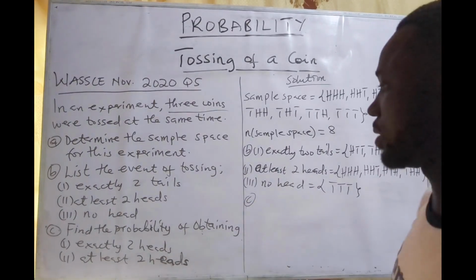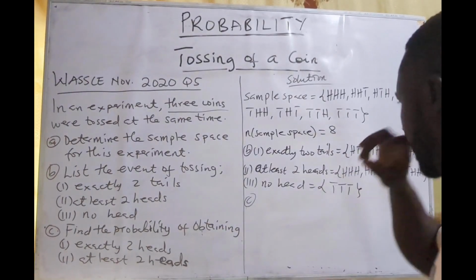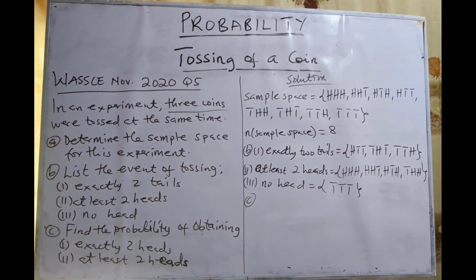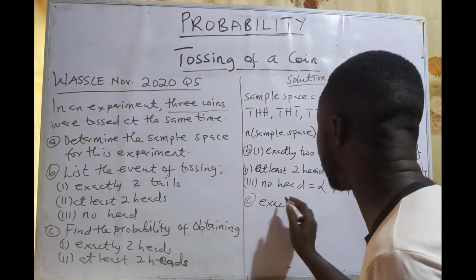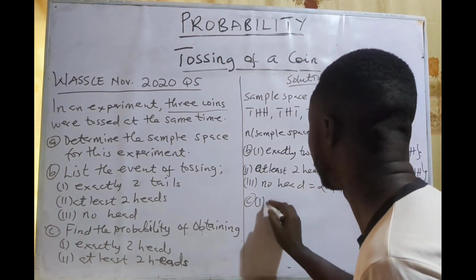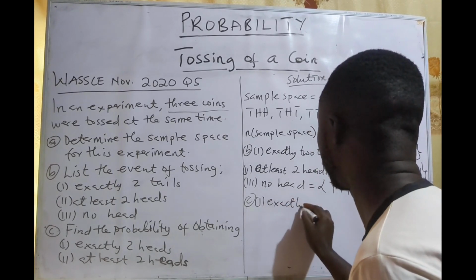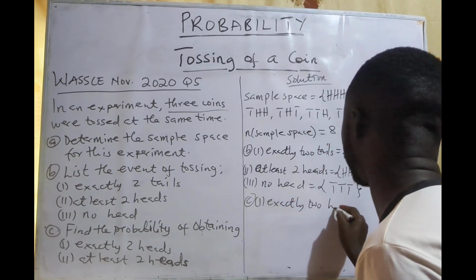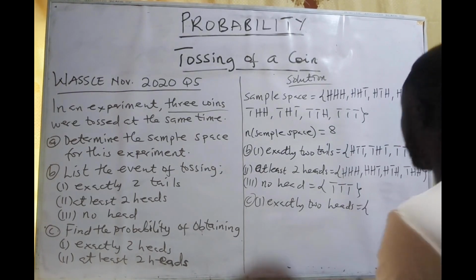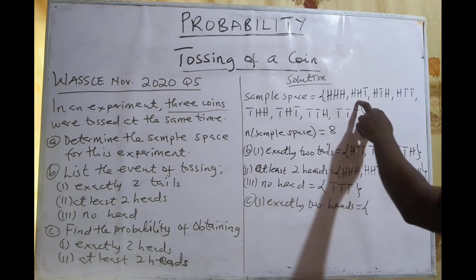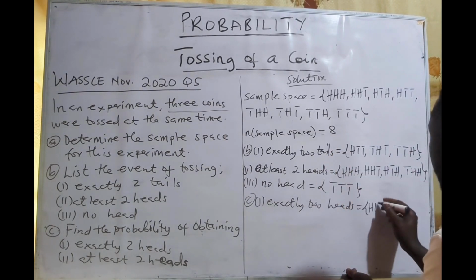Find the probability of obtaining exactly 2 heads. So we are going to look at exactly 2 heads, and then we find the probability. We have head, head, tail.